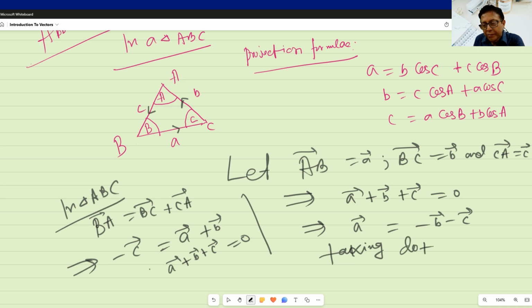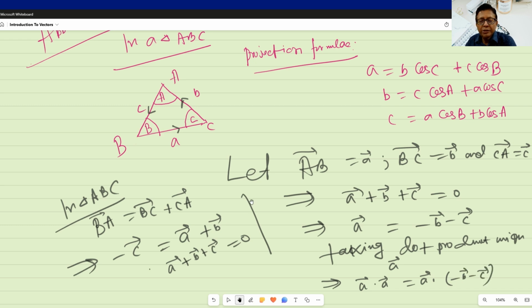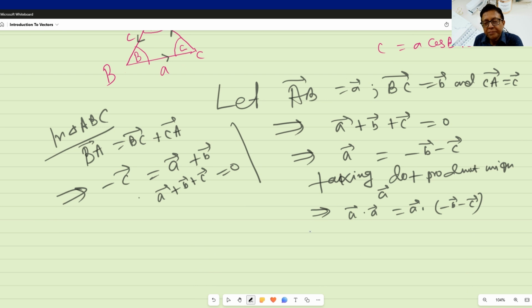Taking dot product with a on both sides, what do you get? a dot a equals a dot minus b minus c. Mod a square equals minus a dot b minus a dot c. Okay? Hope you have understood.